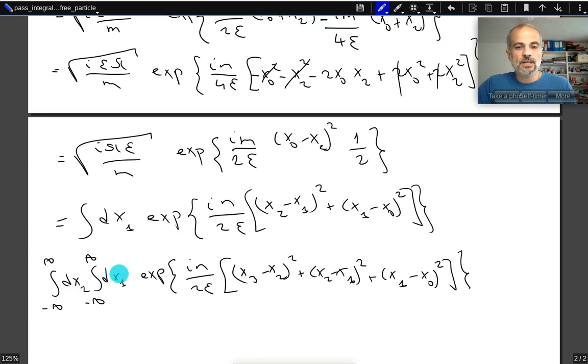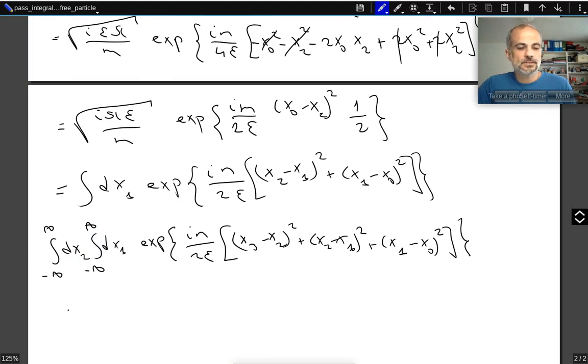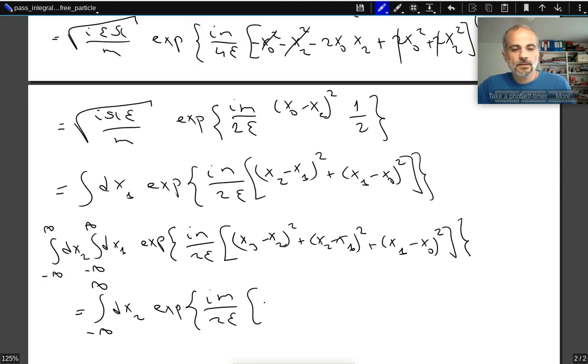Now we had already evaluated the x1 integral. So this is equal to the integral from minus infinity to infinity dx2 exponent i m over 2 epsilon. Here we have x3 minus x2 squared. This term doesn't appear in the x1 integral because it doesn't depend on x1.